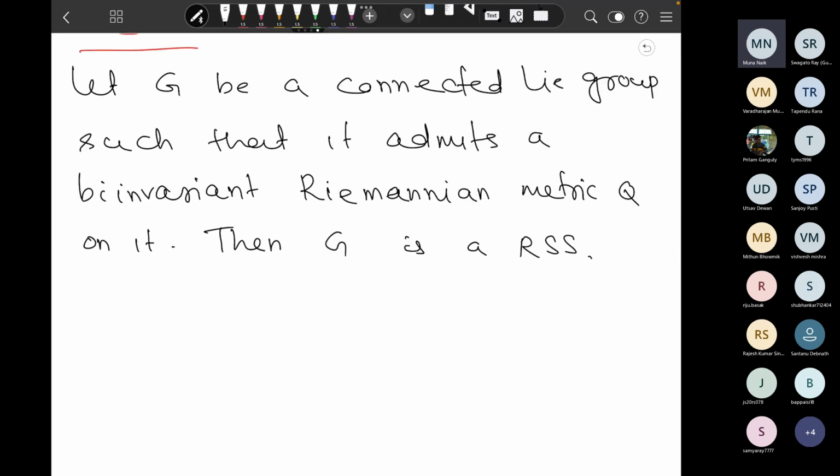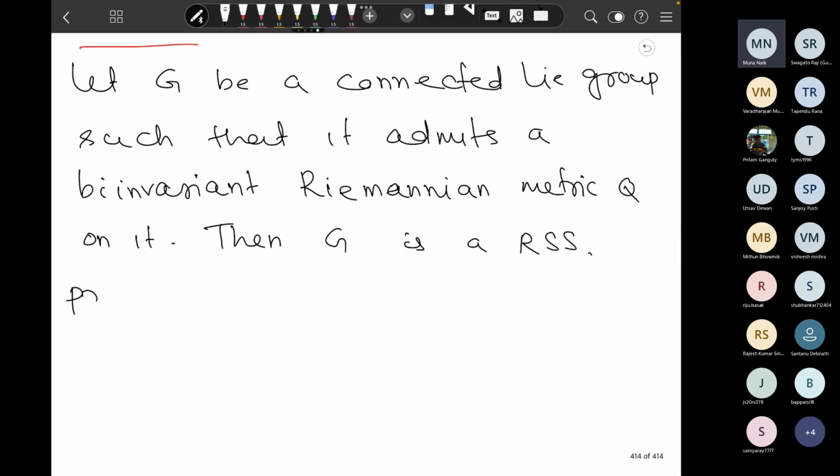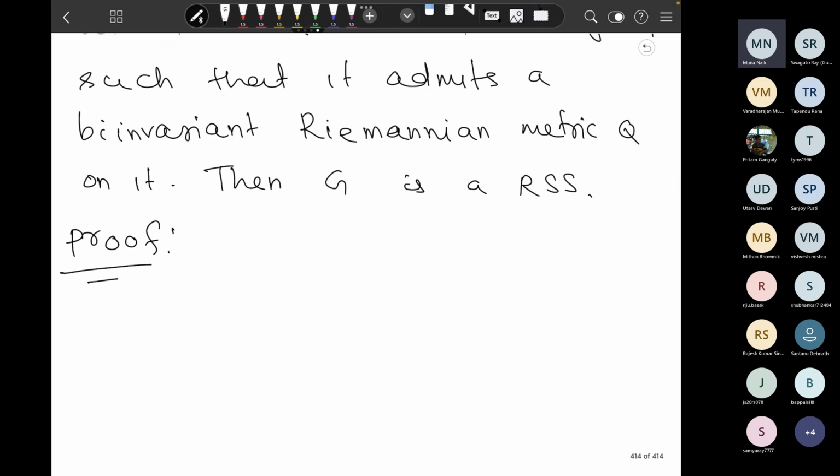So this is a very important example, and really the proof is this. I have told you that given a Riemannian manifold, if you know the geodesics of that manifold, it is very easy to prove that the manifold is a Riemannian symmetric space. Okay. And we will use that.